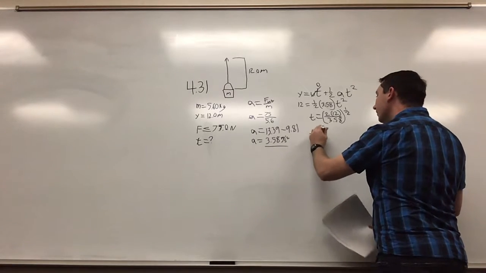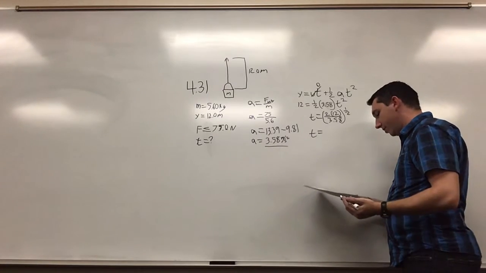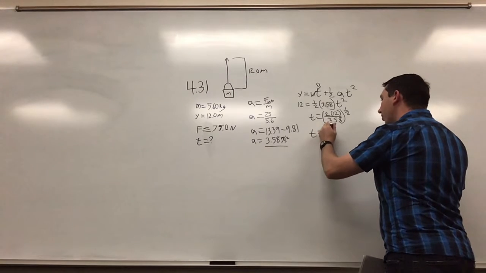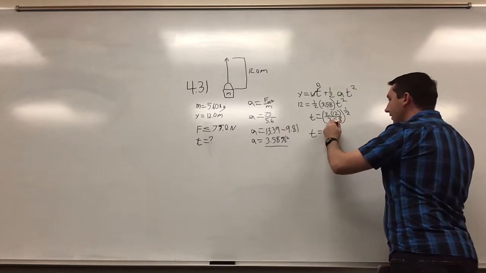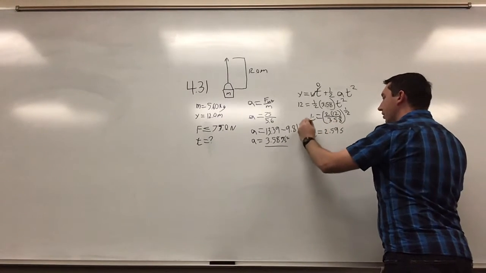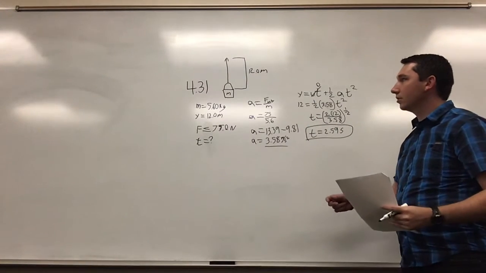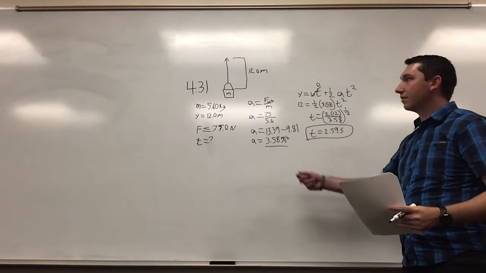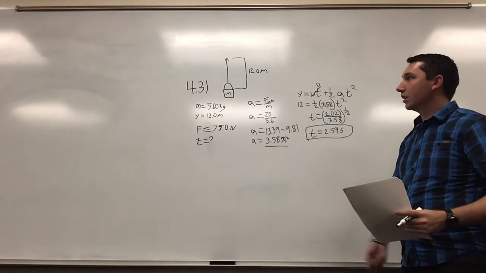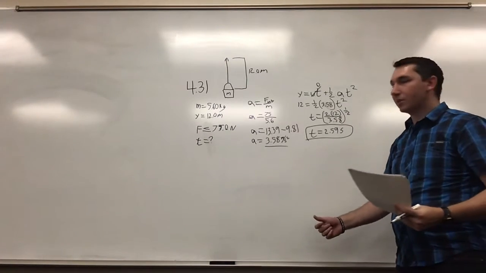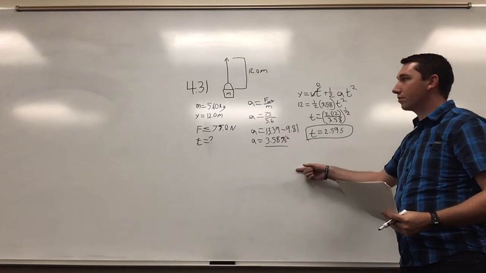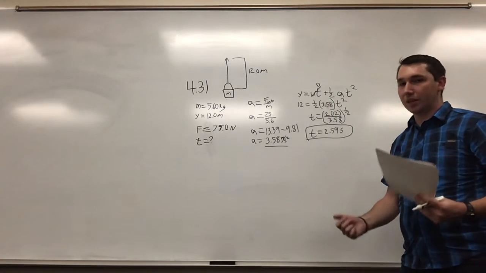And so from that we can find that the time is equal to 2.59 seconds. So that is the smallest the time frame can be for the bucket to go from 0 to 12 meters without breaking the rope.